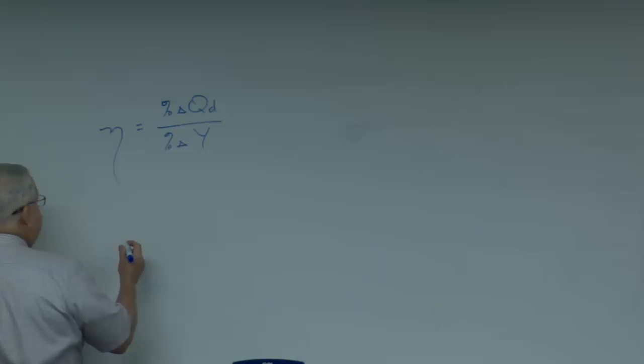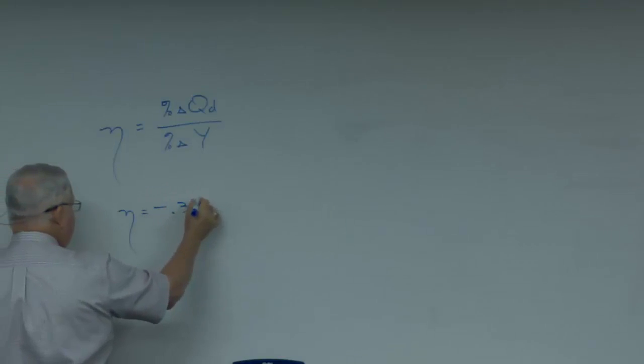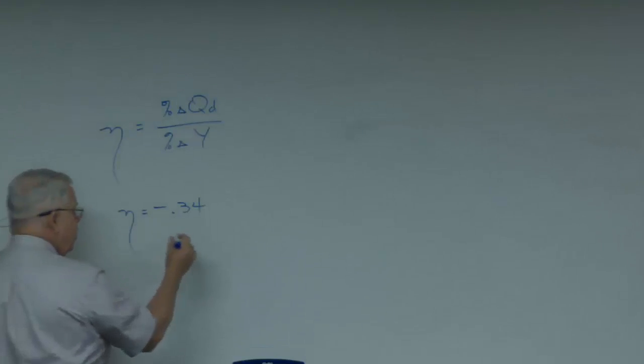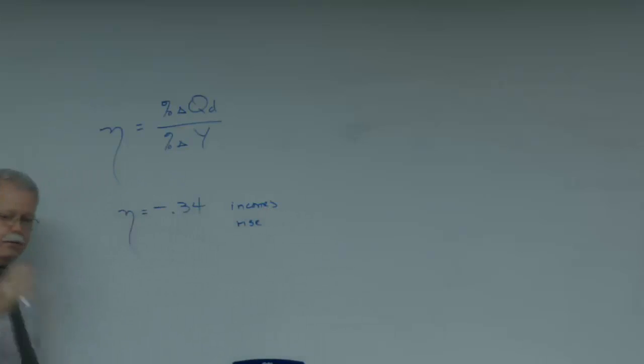Without going through the calculations, suppose I told you that the income elasticity is negative 0.34. And suppose that for this particular good, incomes rise. I'm not going to say how much, they just go up.